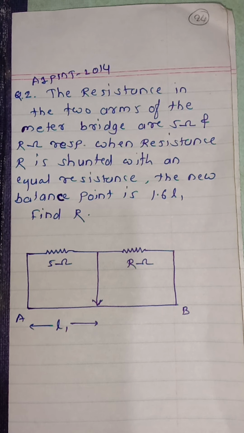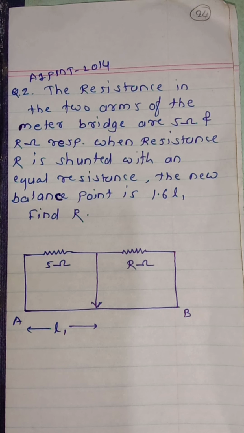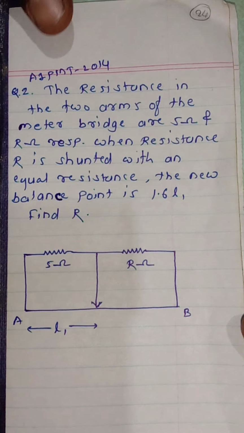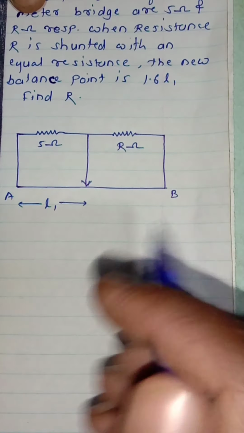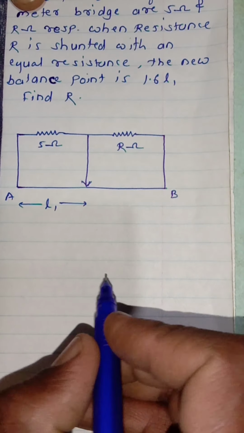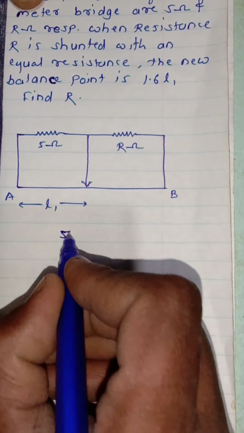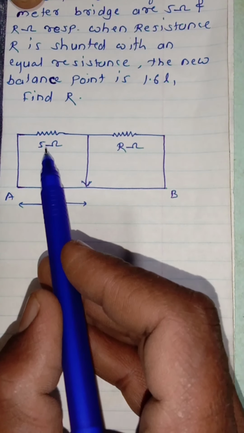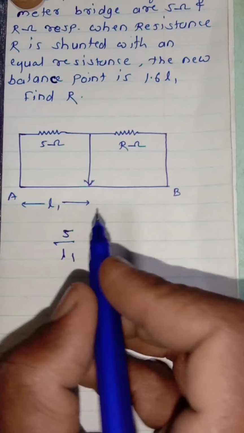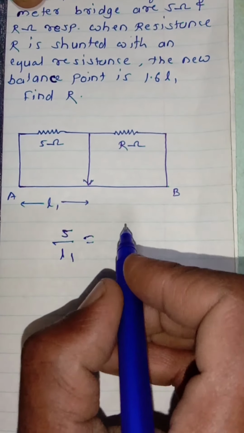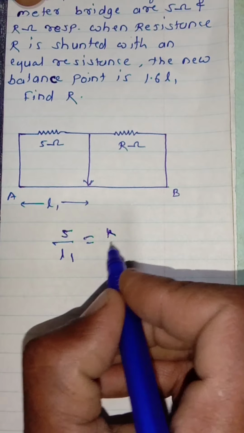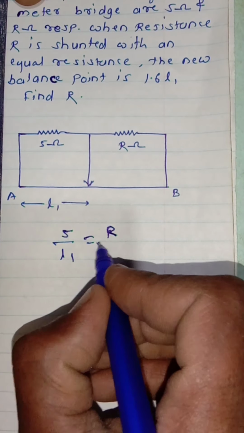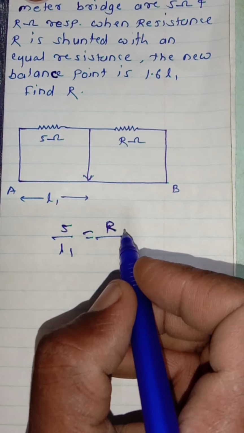Then from the first condition we can write equation first such that 5 divided by L1, where 5 ohm is the resistance and the balancing length is L1, is equal to R divided by the remaining length of AB.